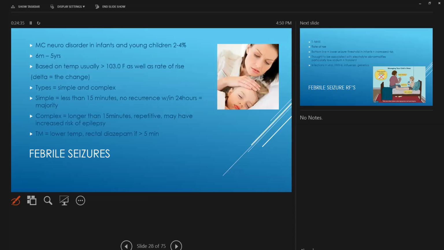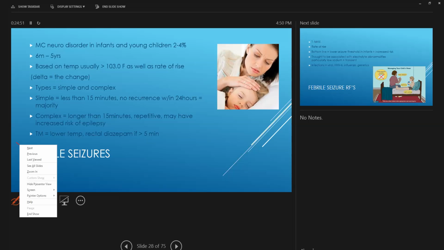So let's talk about these a little bit. The most common neuro disorder in infants and young children is this febrile seizure, anywhere from 6 months to 5 years. These are occurring typically when the temperature is greater than 103, but it really is the rate of rise that causes the seizing.